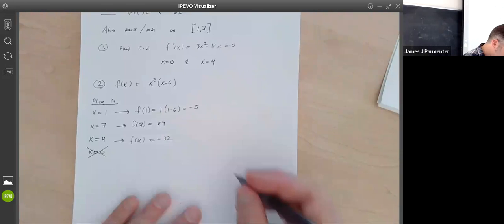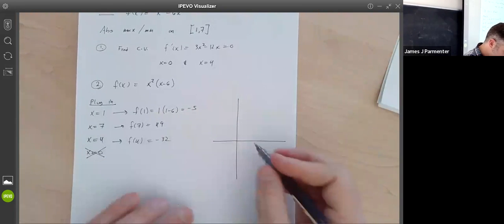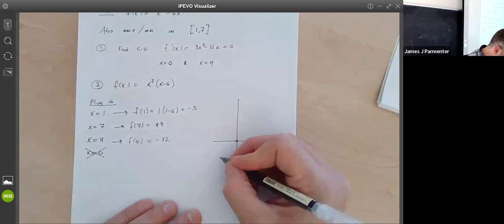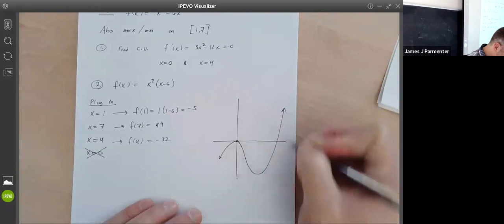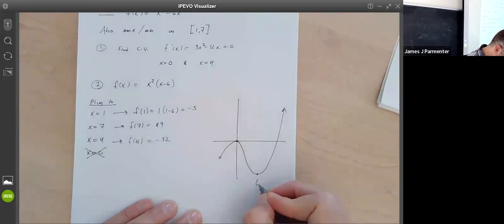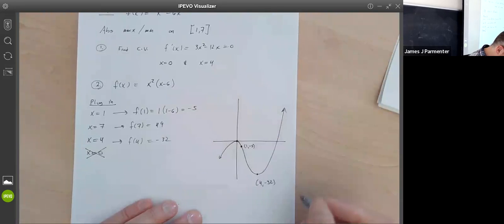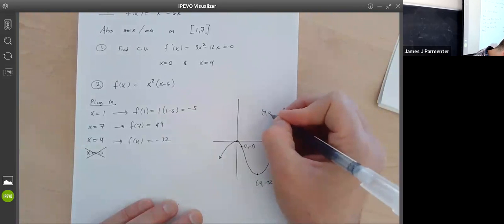Graphically, here's what we've got. I know that we would have the point 0, 0, even though we don't care about it. And it looks kind of like this. So here's the point 4 comma negative 32. Here's the point 1 comma negative 5. And here's the point 7 comma 49.